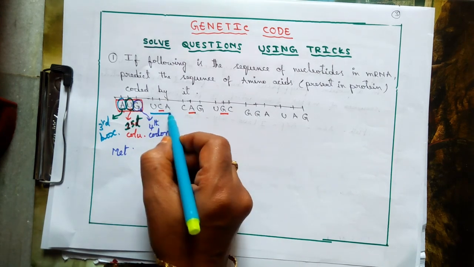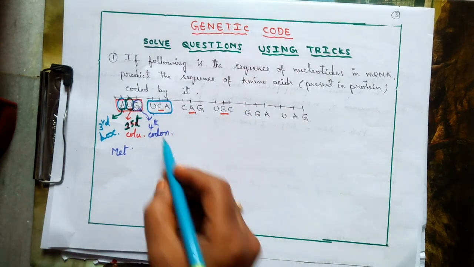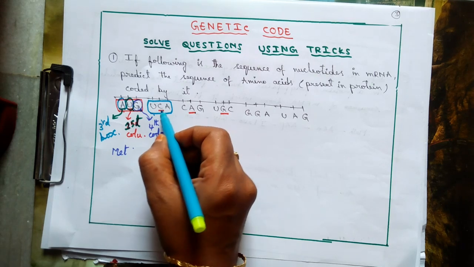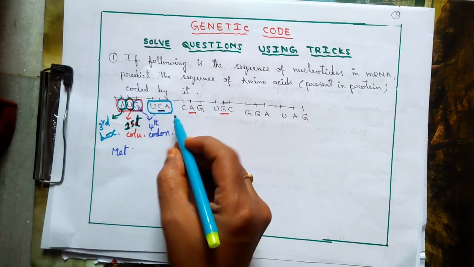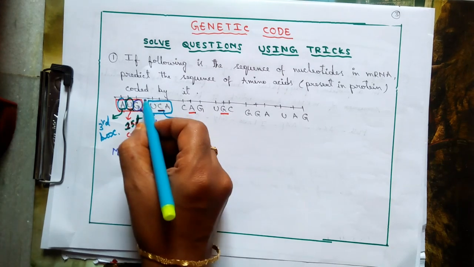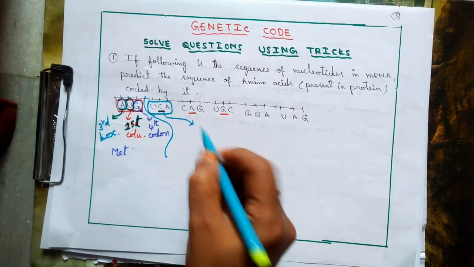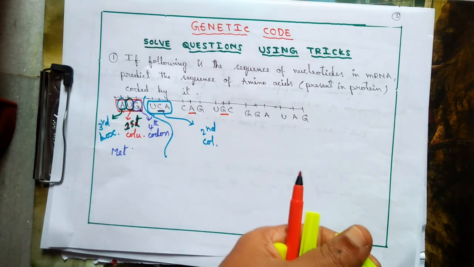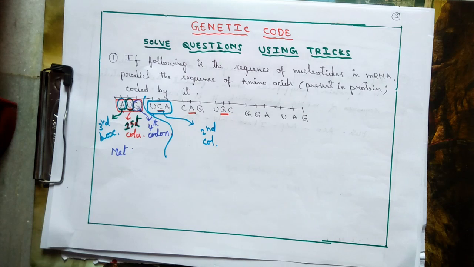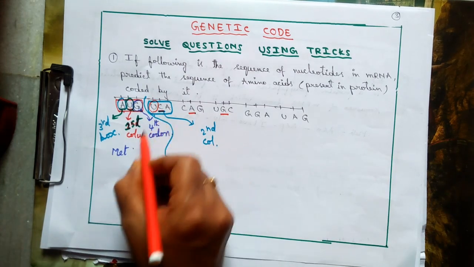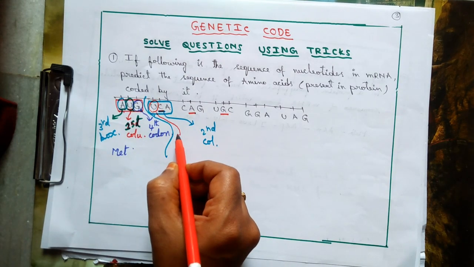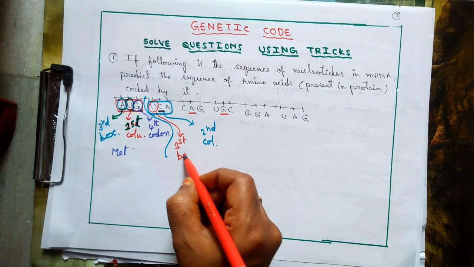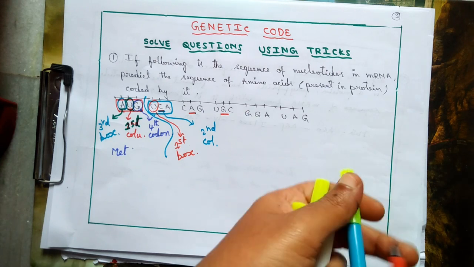Now coming to the second codon. Let's first locate where it is present in the genetic code table. First observe the second base. The second base is C, so it is present in the second column. Now the first base is U, so it is present in the first box of the second column.